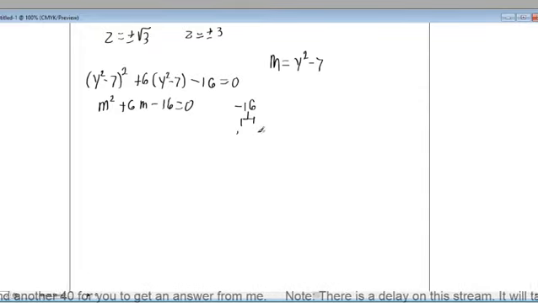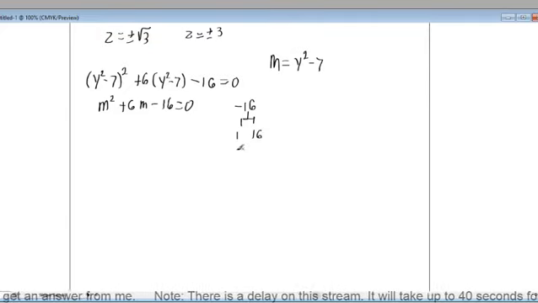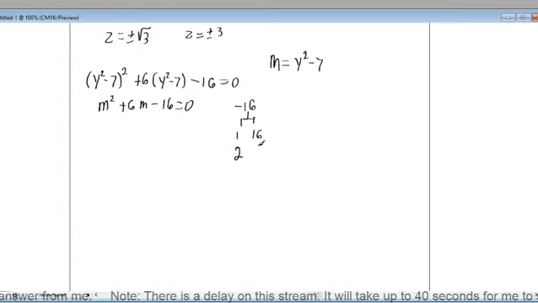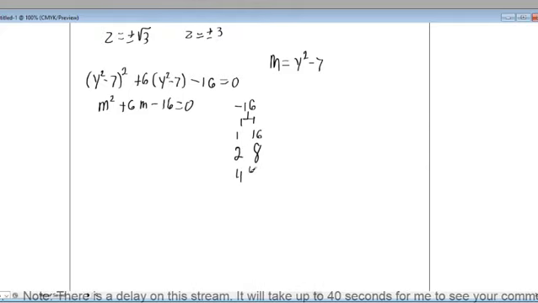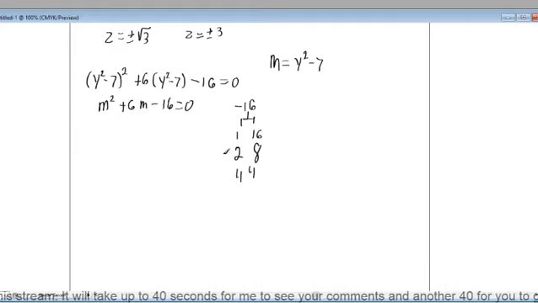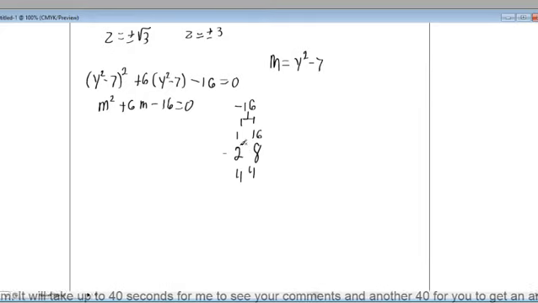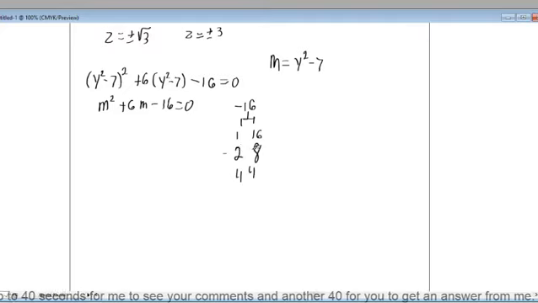So we have factors 1 and 16, 2 and 8, and 4 and 4. And we need a pair that's going to give us positive 6 when we combine them, so that'll be negative 2 and positive 8, because negative 2 times positive 8 is negative 16, but negative 2 plus 8 is positive 6.